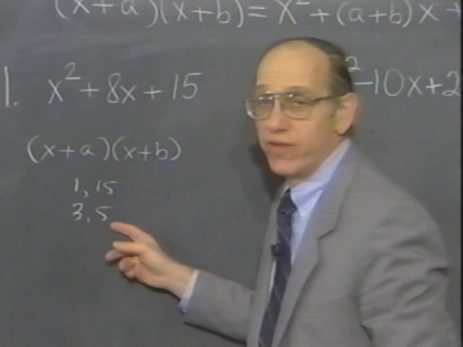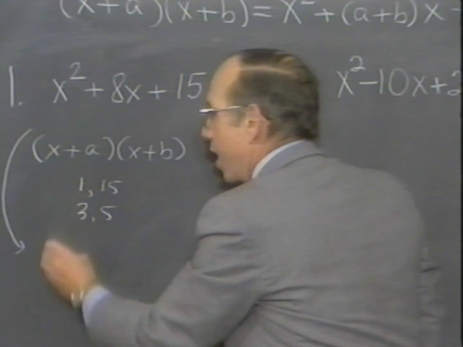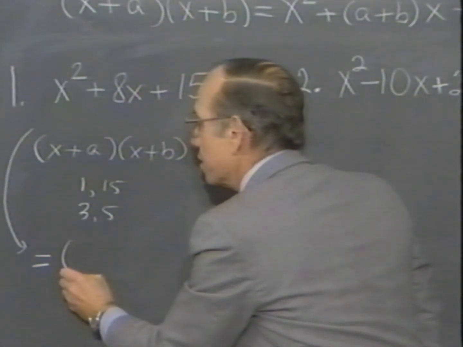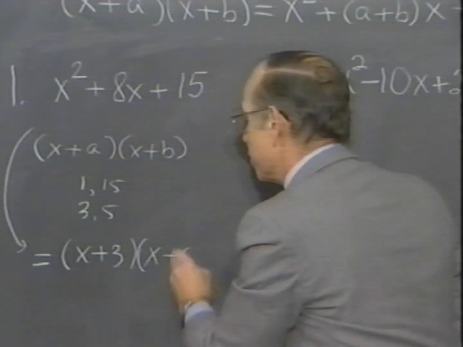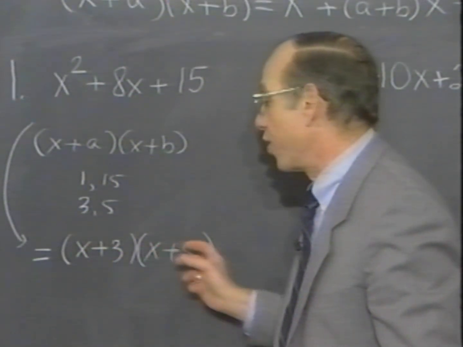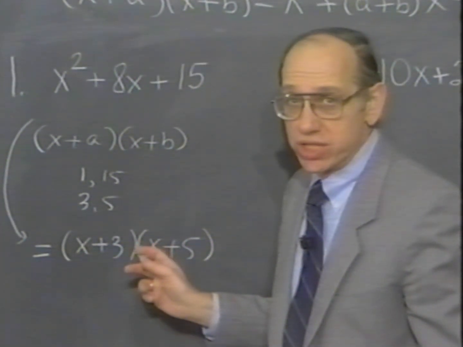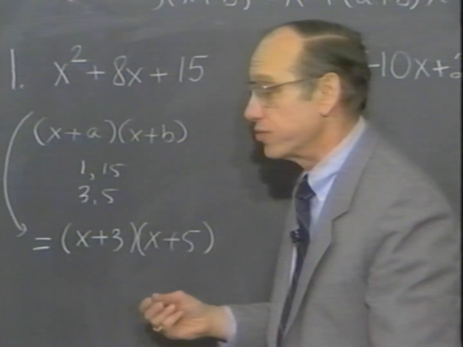But 3 and 5 add up to 8. We conclude that the proper factorization is x plus 3 times x plus 5. Of course, you might have written it x plus 5 times x plus 3, but that's the same thing because those are the same two factors, and it doesn't matter which you write first or second.